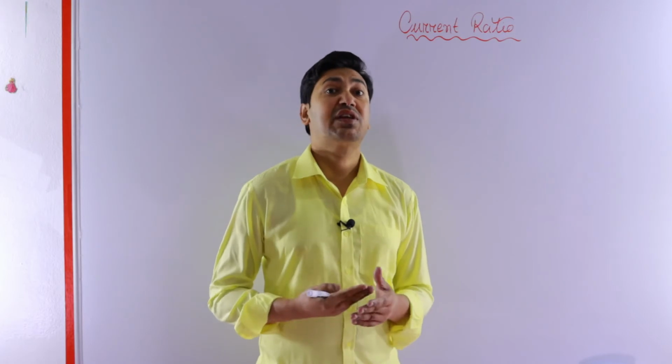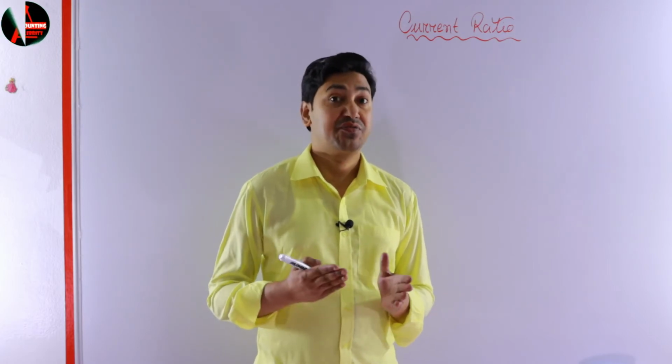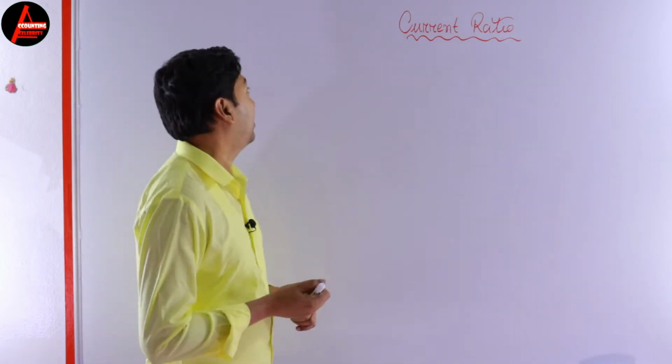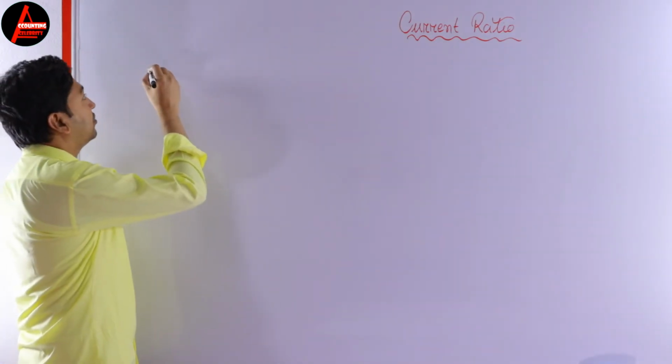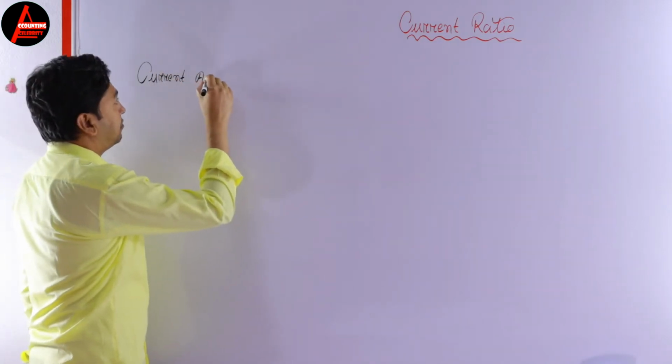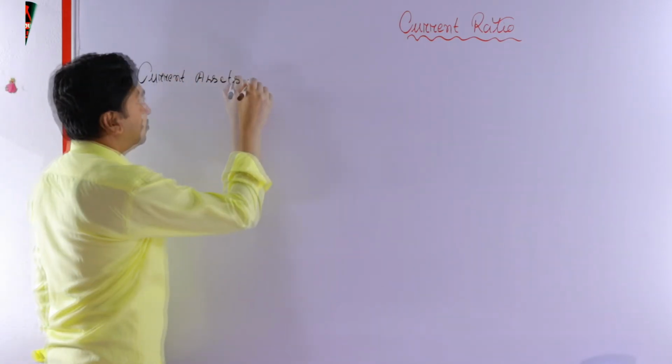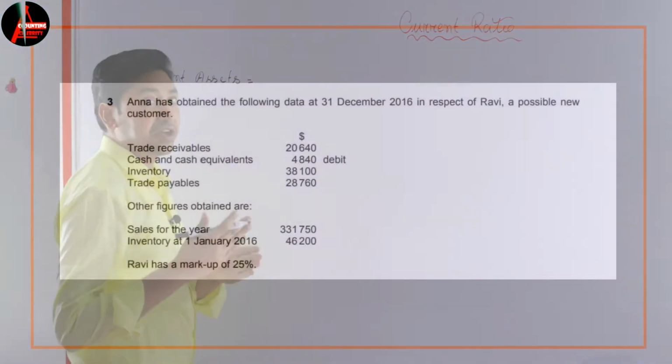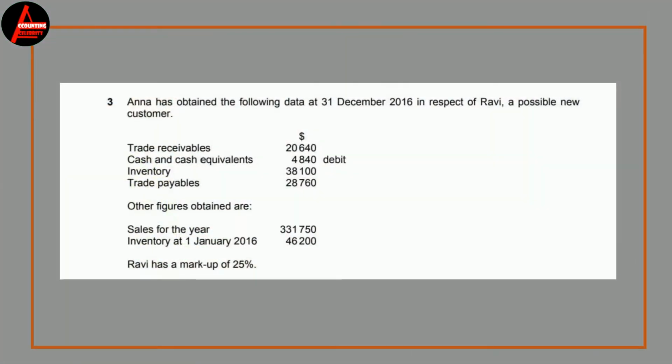So what is our current asset here? First of all we need to get it. Let us write here current assets equals... look at the question once again. We have trade receivable, which is a current asset, cash and cash equivalent, a current asset, and inventory.